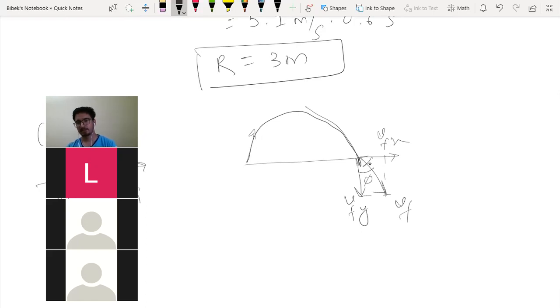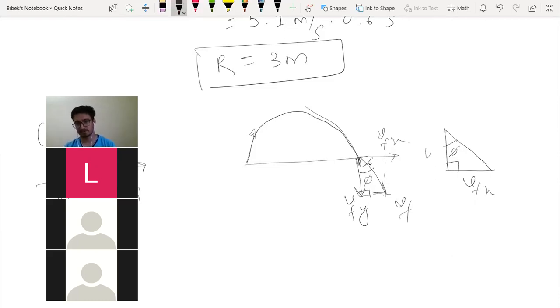And to find the angle, this is a right angle triangle. This is 90 degrees. This is angle phi that you want to calculate. This is your x velocity, vfx, and the y is vfy.